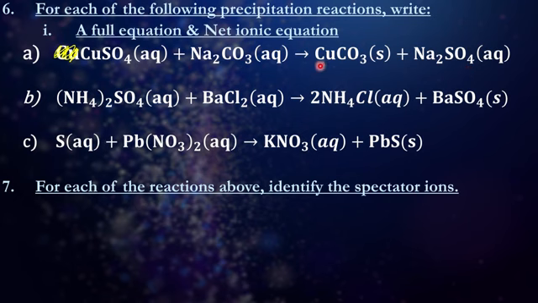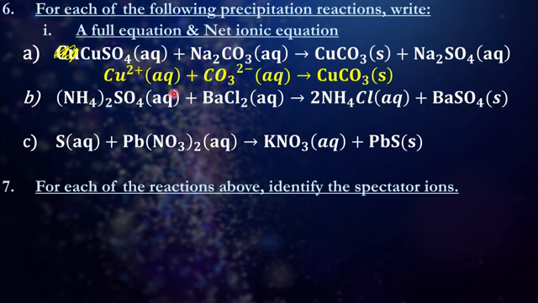Okay, now from my data, I know that copper and carbonate forms a precipitate. So the ions that I'm going to be looking at is the carbonate ion and the copper ion. So that will be part of my net ionic equation here. The other two will be the spectators. So sodium and sulfate will be the spectator ions for this reaction.